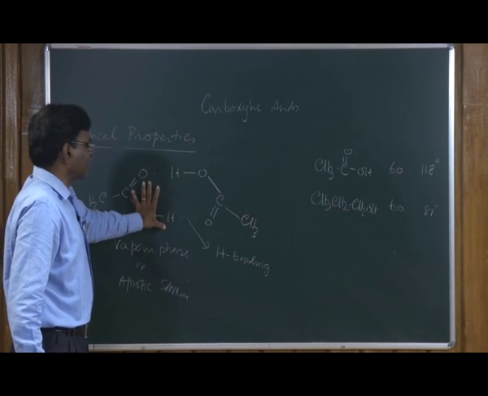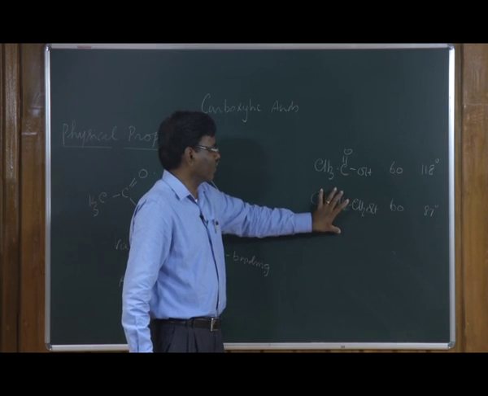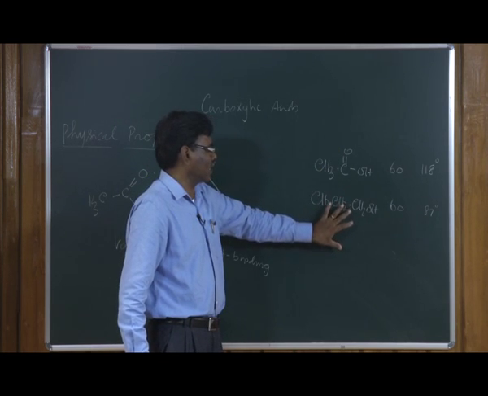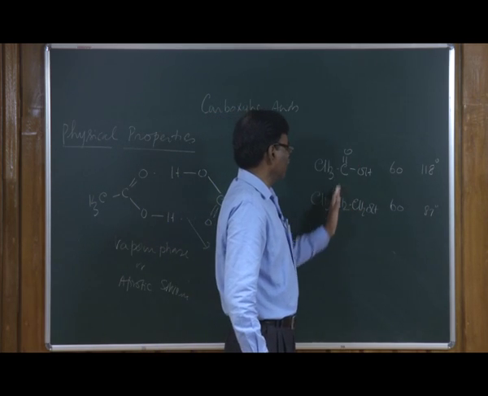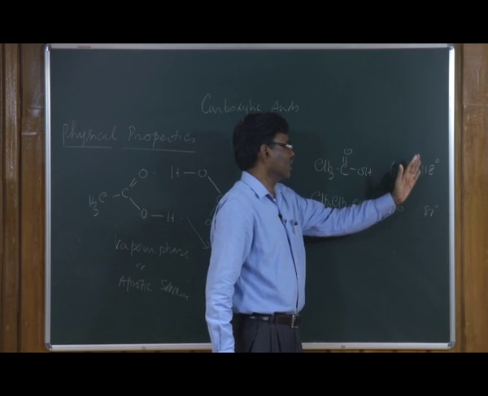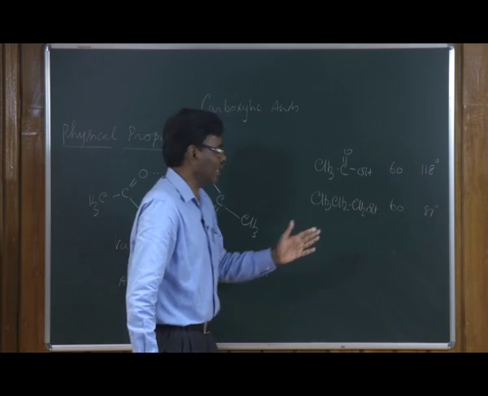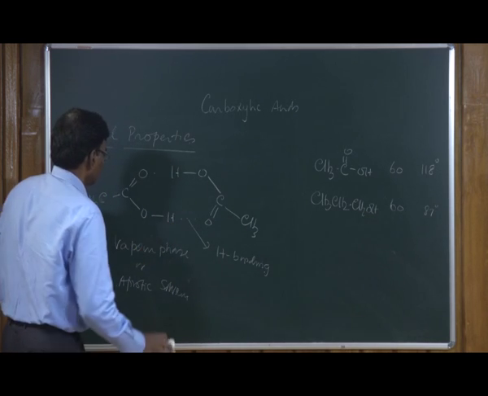So, because of this hydrogen bonding, carboxylic acids show higher boiling point in comparison to aldehydes, ketones, alcohols. For example, in this case, both these compounds, carboxylic acid and alcohol, have the same molecular weight. However, the boiling point of carboxylic acid is higher than alcohols. This is because of intermolecular hydrogen bonding between the carboxylic acids.